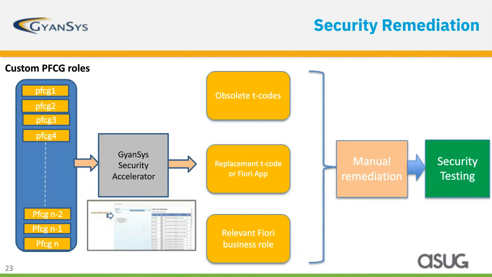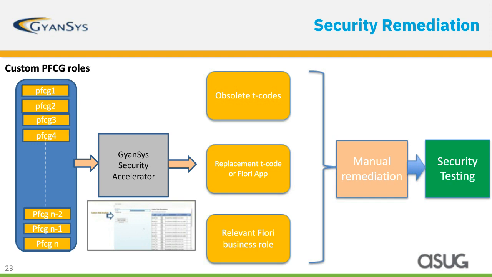The other important thing is security remediation. We may have several SAP roles in our system, and they may change due to new T-codes or obsoleted T-codes because of the new Fiori apps. GyanSys has its own custom security accelerator, which does a quick analysis of our security roles in the system and tells us which T-codes need to be removed and what could be the replacement.